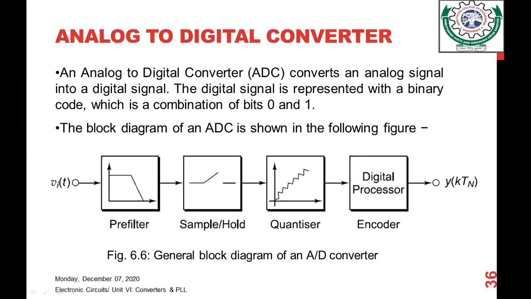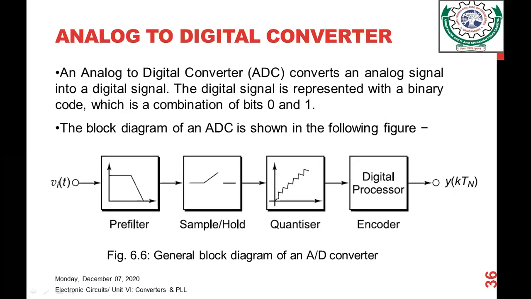And then the output of this pre-filter is fed to the sample and hold circuit. The sample and hold circuit will hold the input analog signal to the analog to digital converter at a constant value during the conversion time. And the third block is the quantizer.